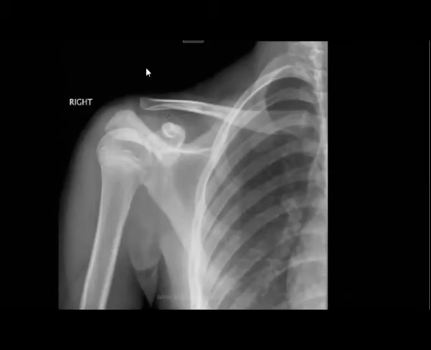So the abnormality here is the AC dislocation. Perfect. You can check the AC joint, the acromioclavicular joint, and it is dislocated. And you know that it has some grades, grade 1, grade 2, grade 3 and so on. So this is AC dislocation. At least you can mention this.